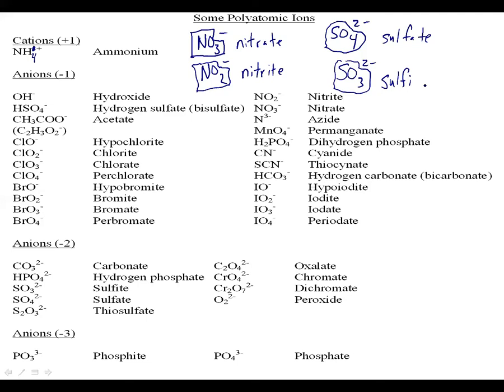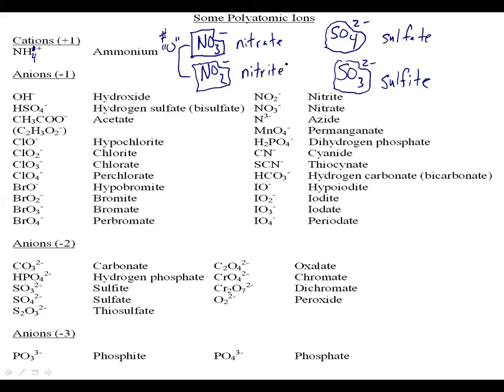sulfite. So when we look at a group of 2 polyatomic ions that are related to each other, what we typically see is this one has 3 oxygens, this one has 2 oxygens, for example. They both have -1 in terms of their charge. The only real difference between these groups of 2 is the number of oxygens.